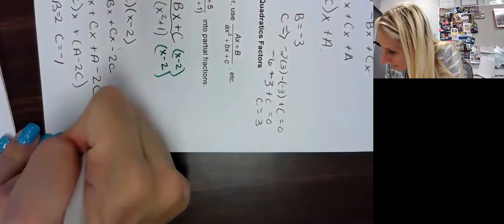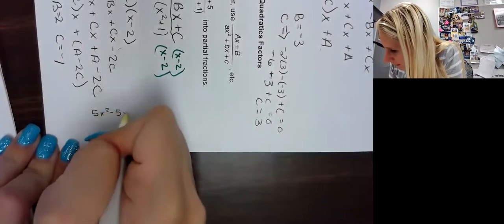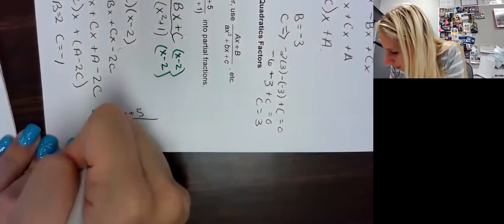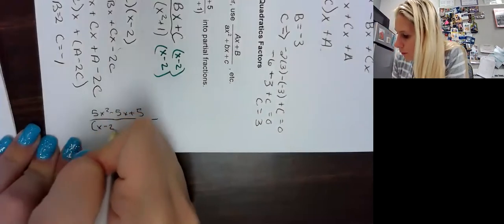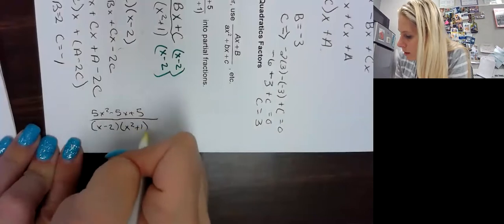So we get 5x squared minus 5x plus 5 all over our x minus 2 times x squared plus 1.